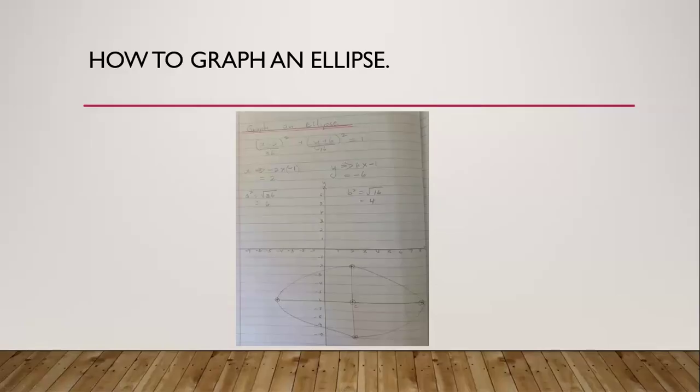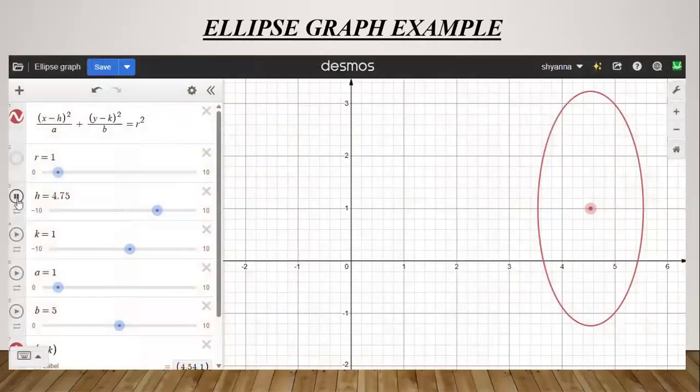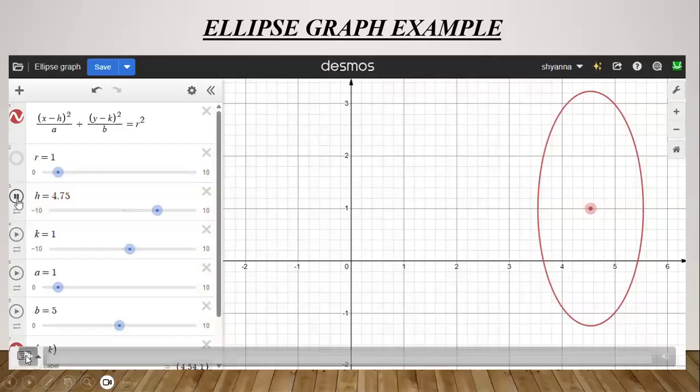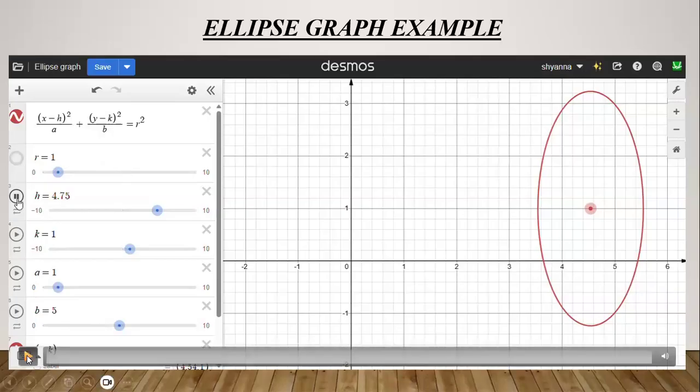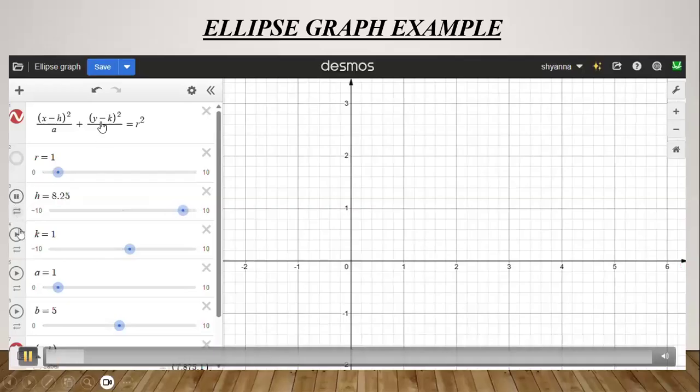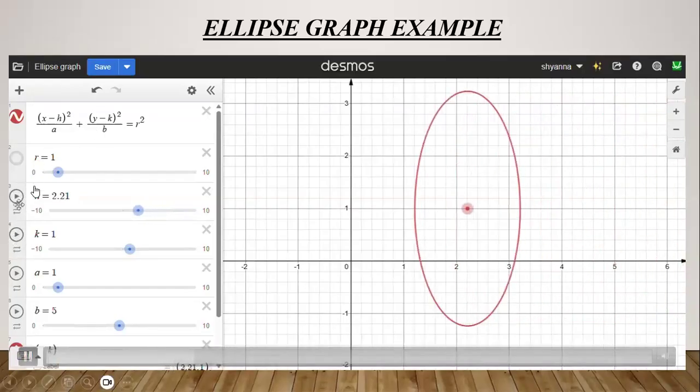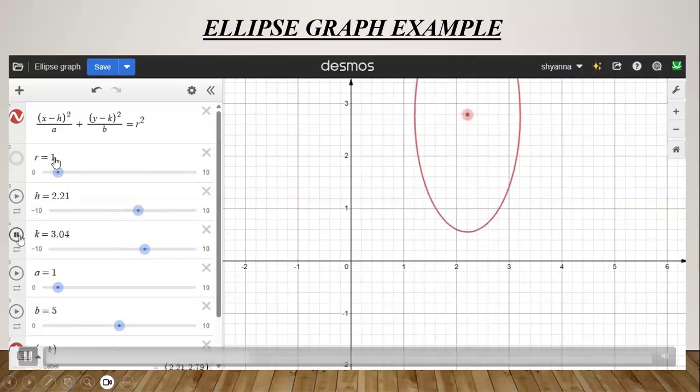Now, we have a video that gives us a little bit of an example using decimals. So we were given the equation up here, and we just randomly substitute some values.